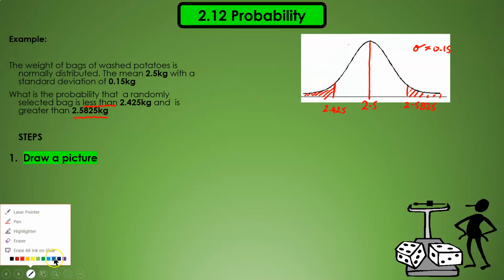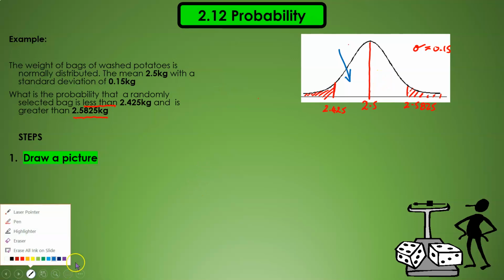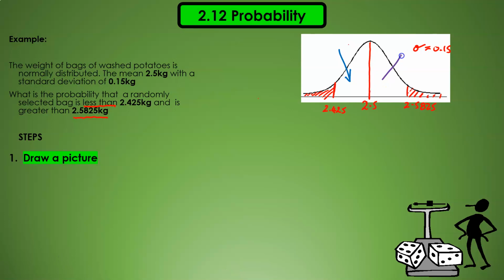Now, we're going to work out this area and this area, so that we can take that away from 1. To do that, we're going to need the table, but first we need to work out the z-scores for those values. So there's our calculation.